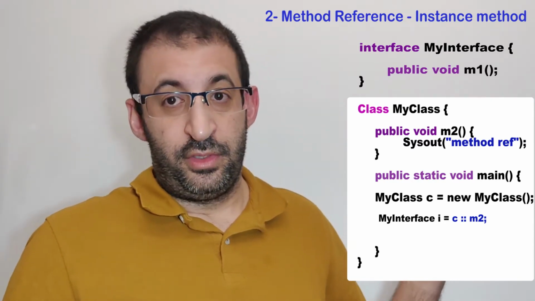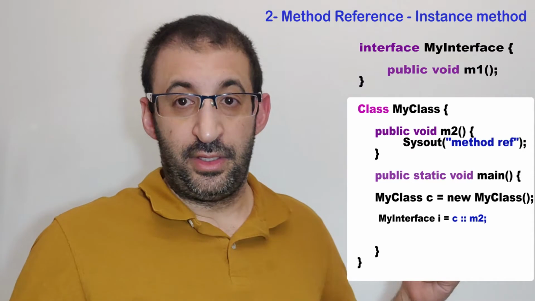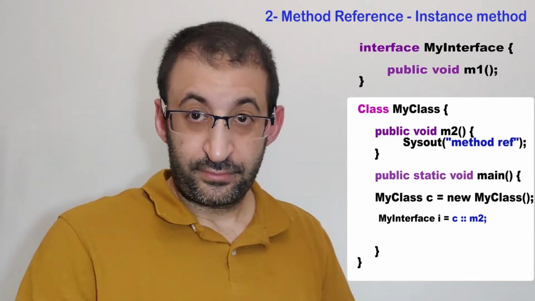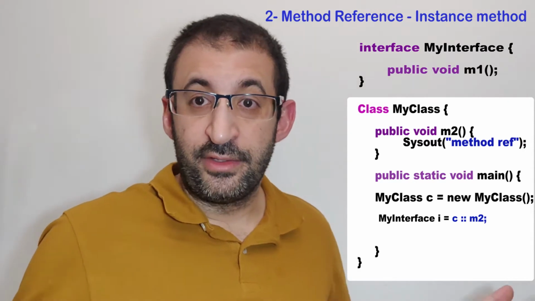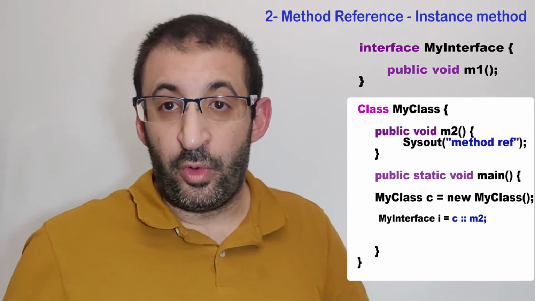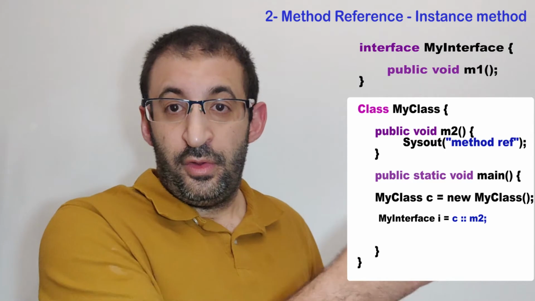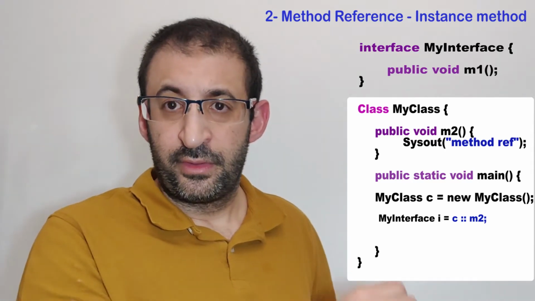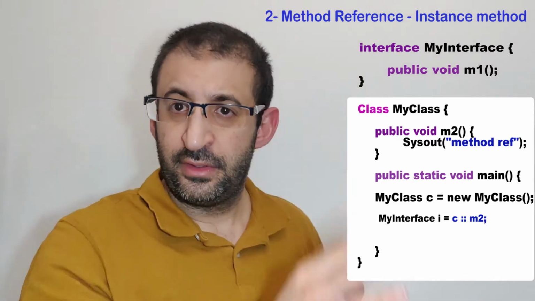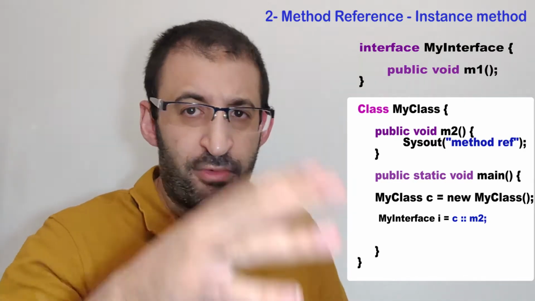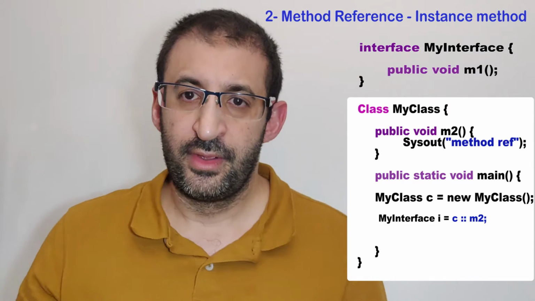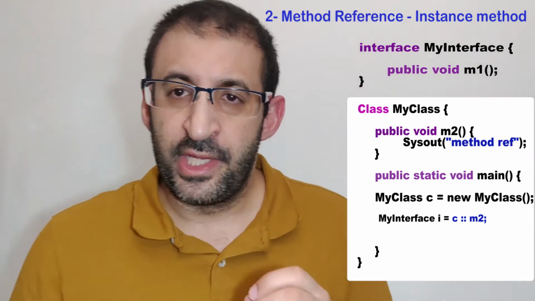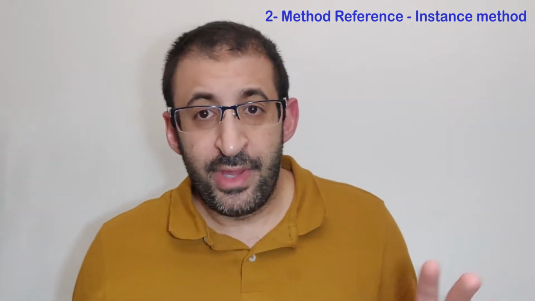So if I want to change my implementation for my interface, I will do directly my interface E equals this object O, for instance O, double colon the method M2 or M1, whatever you want. Here is the syntax.